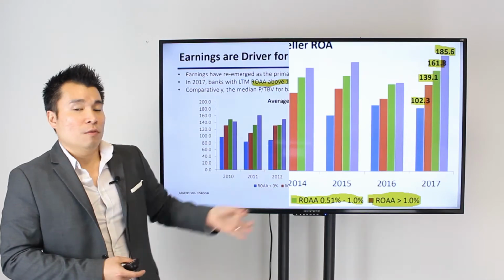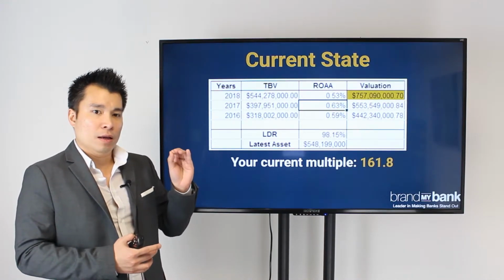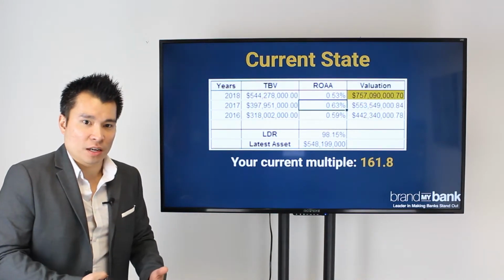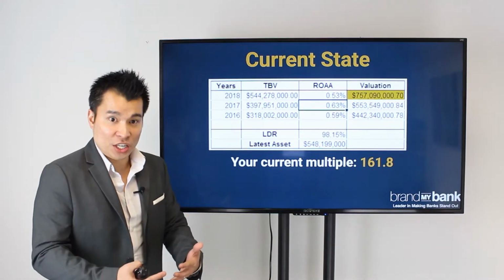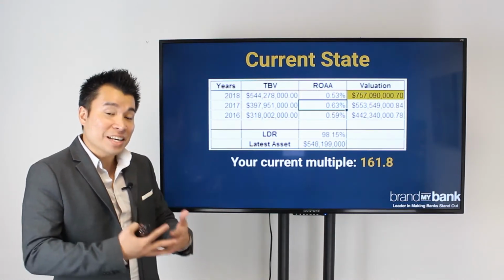So what does it mean? For the case study that I presented to you, their multiple is 161.8, and that means that their asset valuation is $757 million.